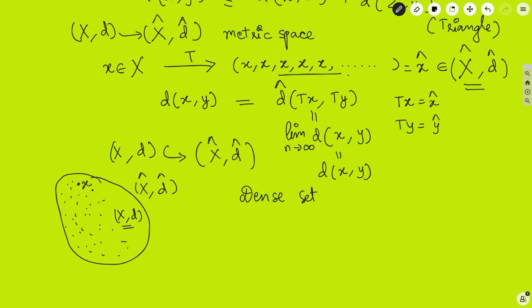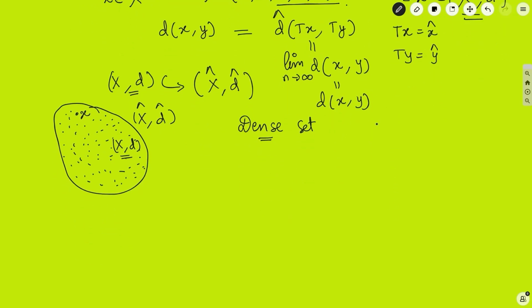It's embedded already, as we have seen, but now it is scattered. And we can definitely find a sequence in our original space which can approximate x, any random point. You can approximate it using this dense set. Now is that possible? Yes, it is possible, and I will show the proof of this one.